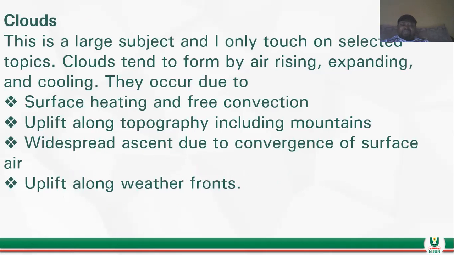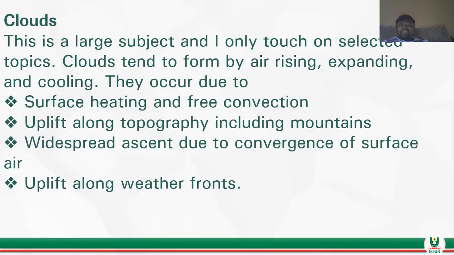Now, what is cloud? Cloud can be said to be a large subject, and I only touch on selected topics. Clouds tend to form by air rising, expanding, and cooling. They occur due to the following. 1, surface heating and free convection.